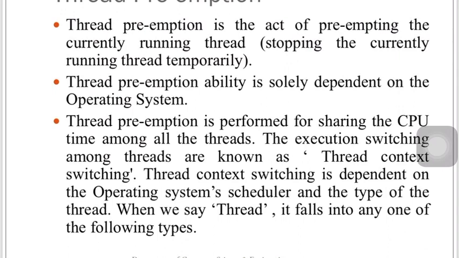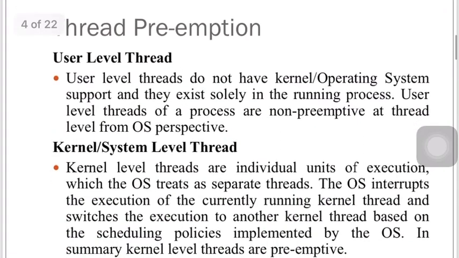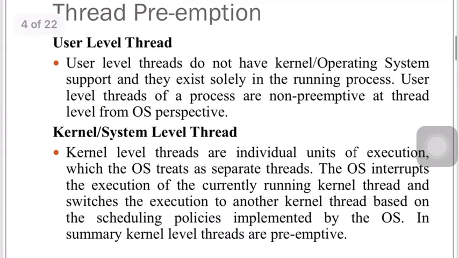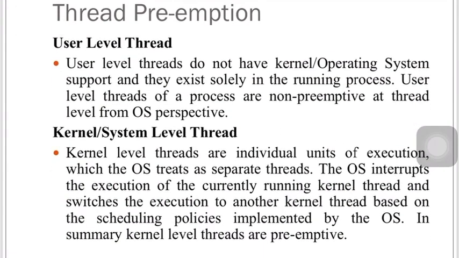When we say thread, it falls into one of the following types. The threads can be user level threads. A user level thread does not have kernel or operating system support, and they exist solely in the running process.